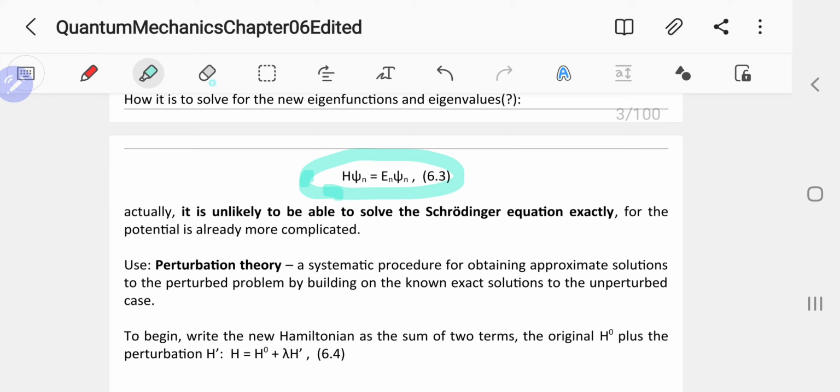It's still a good approximation. However, when we do the second order, our answers would be more precise. But the first order correction we have to master first before going to the second order.